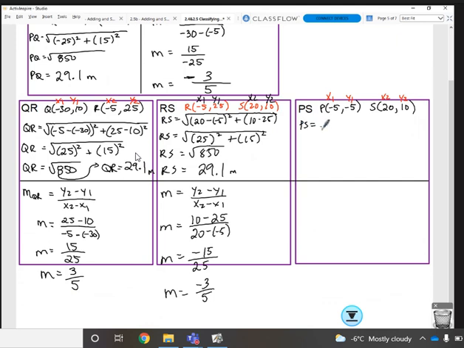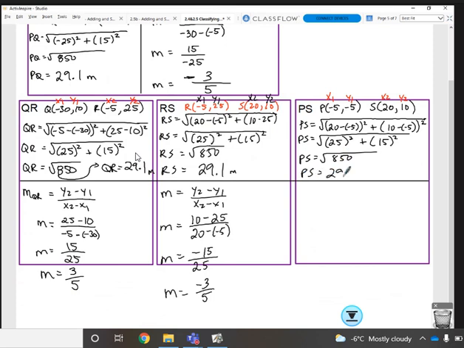PS equals the square root, and my square root goes from one side all the way to the other here. 20 minus negative 5, squared, plus 10 minus negative 5, squared. Minus negative 5 is 25 squared plus 15 squared, root 850, 29.1 meters.